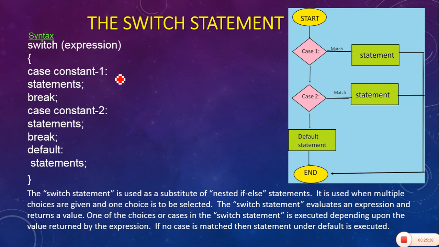And if we consider that none of the constants matches with the value of the expression, then the statement inside the default will be executed, and after that execution the program will come to an end. So if no case is matched, then the statement under the default is executed.